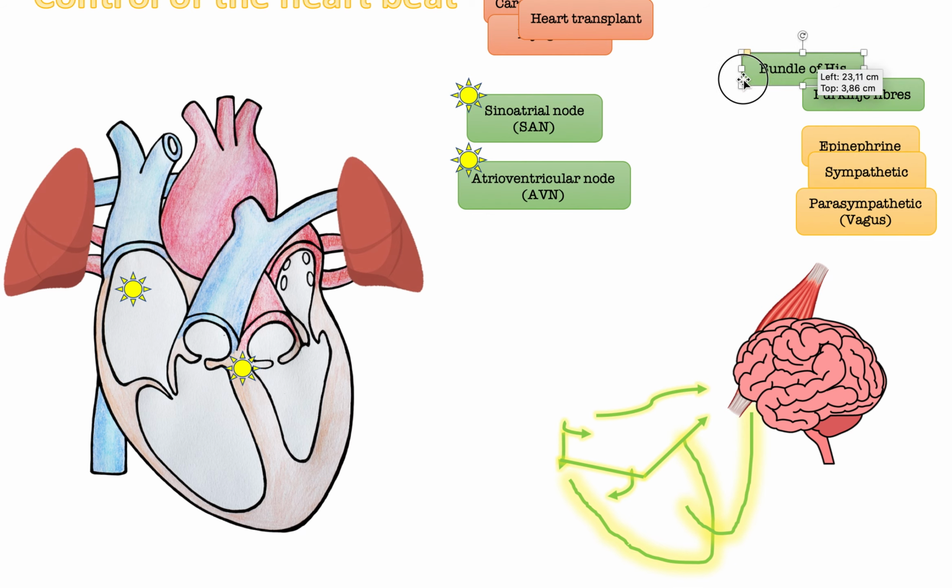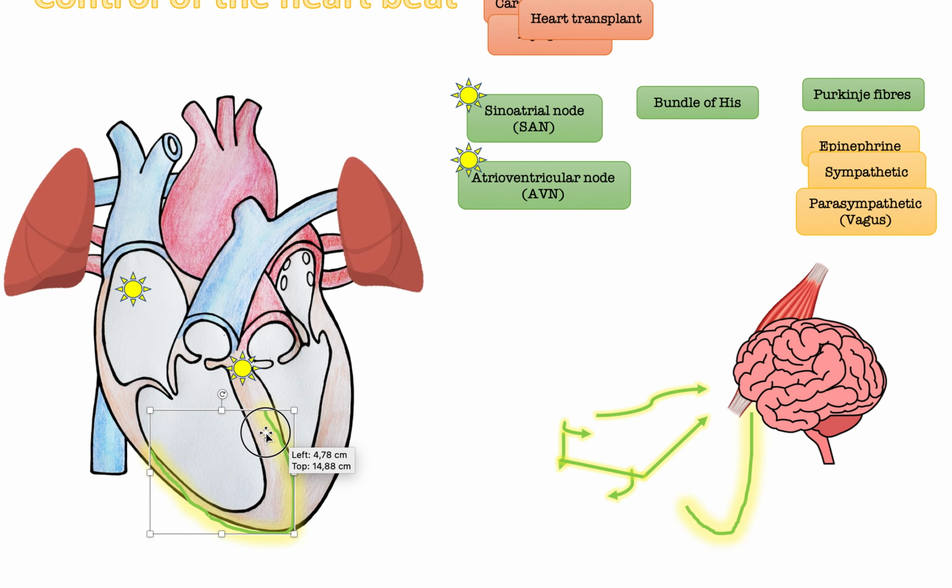And then we have something called the bundle of His. Let me move this. Okay. So what I'm showing right here is just structures. I'll explain the process soon. So the bundle of His is this zone right here.